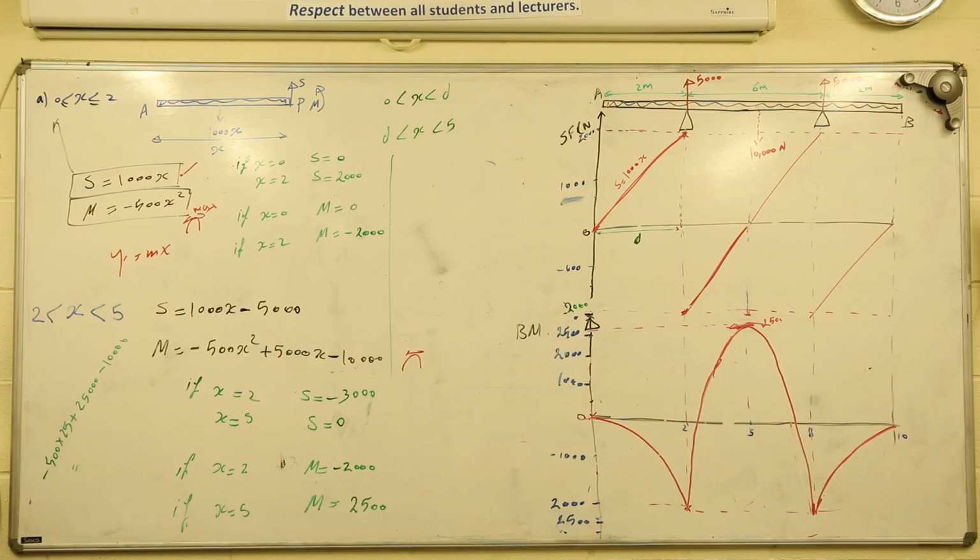Think about it. You have to solve something. Look at the greatest positive value of the M, which occurs at the midpoint when x is equal to 5. And what's the equation of the bending moment? Minus 500 x squared plus 5,000 x minus 10,000. Minus 500 minus x squared. That's good.